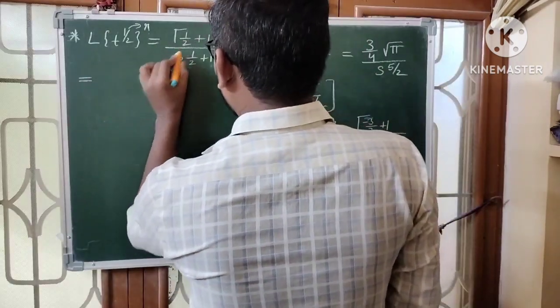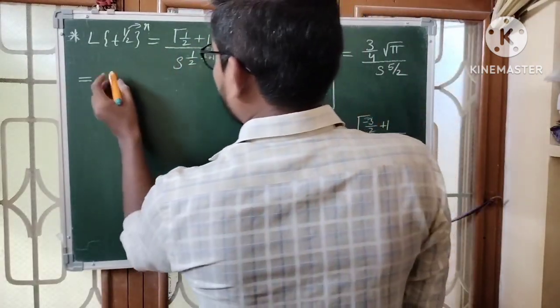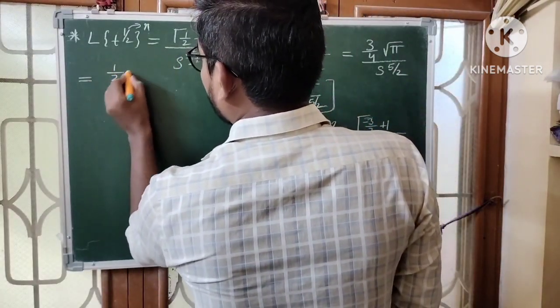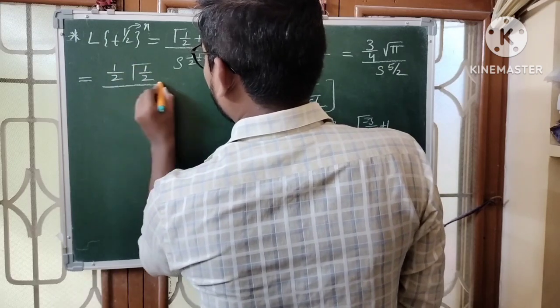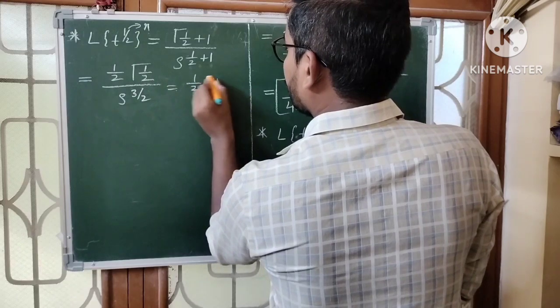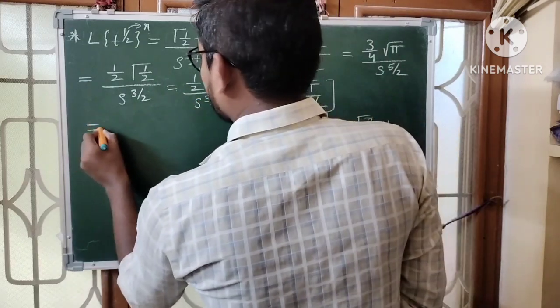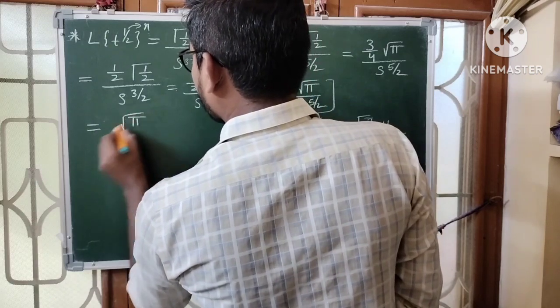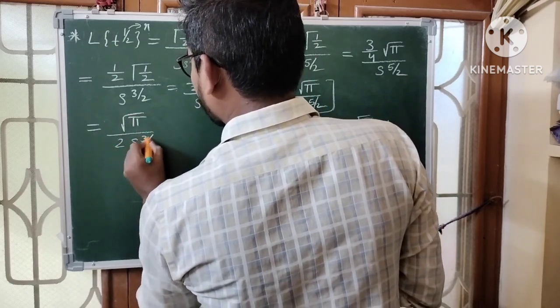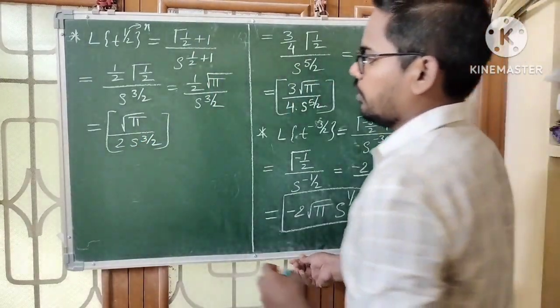So gamma 1 by 2 plus 1, gamma n plus 1 is equal to what? n gamma n by s power 3 by 2. So 1 by 2 into gamma 1 by 2 value root pi by s power 3 by 2. So we get root pi by 2 into s power 3 by 2.